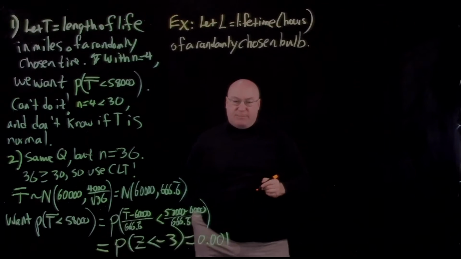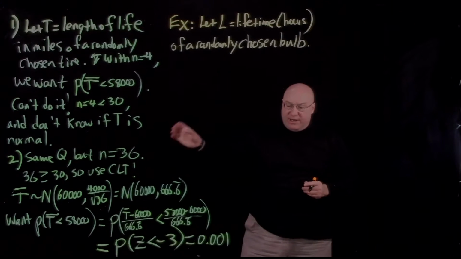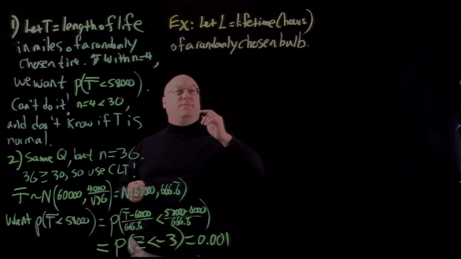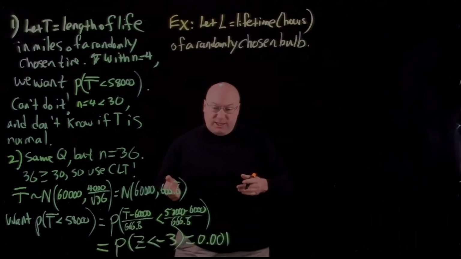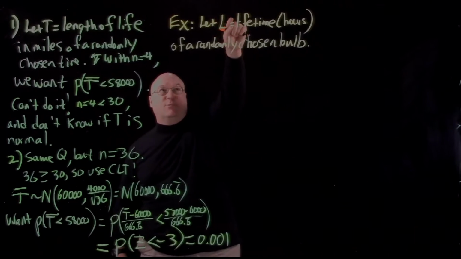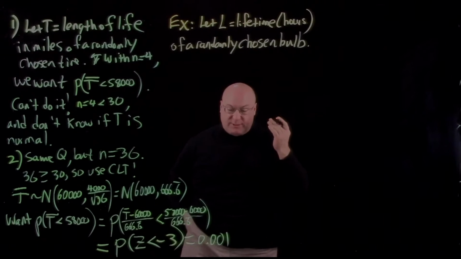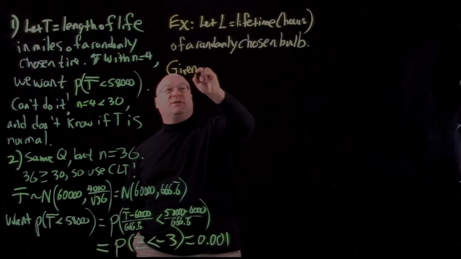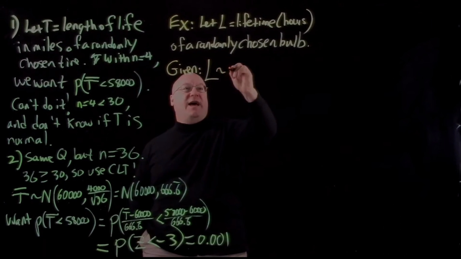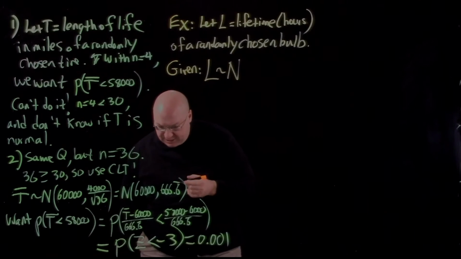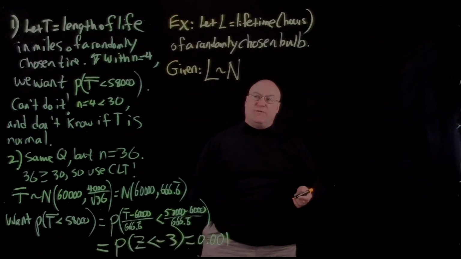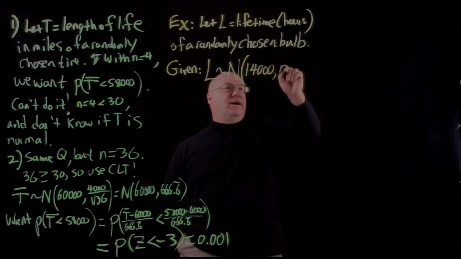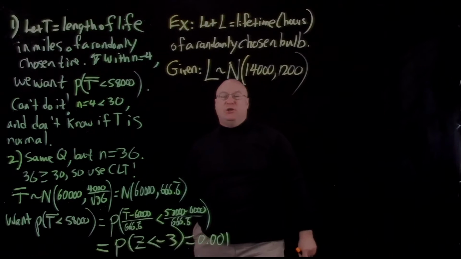I always need to define my random variable, which again is like a random data value from the original data set, because I'm going to then look at sample means, so I need to have that symbol with a bar over it for the sample mean, so I know what I'm talking about. We're given from the start not just that the mean is 14,000 hours and the standard deviation is 1,200, but that it's normally distributed with mean 14,000 and standard deviation 1,200.